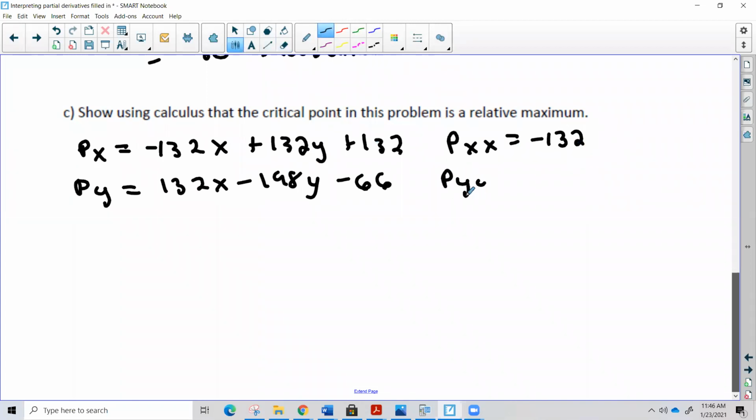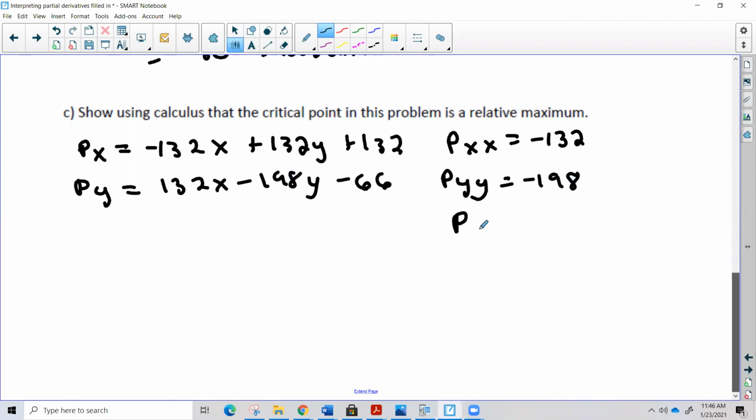The partial of y with respect to y, take the derivative of this, 0. The derivative of this, negative 198. The derivative of negative 66, 0. So I just get negative 198. And if you have to write that all out, that's fine. You can write it as 0 plus negative 198 plus 0, and then simplify it to this.